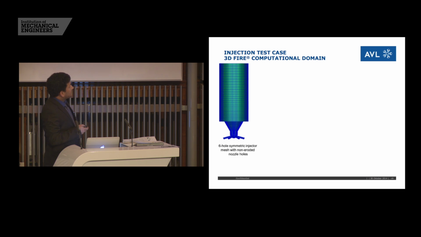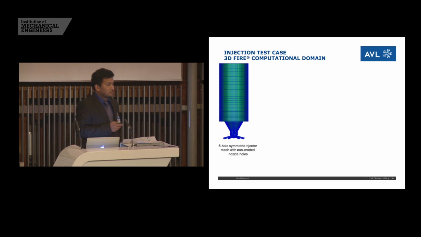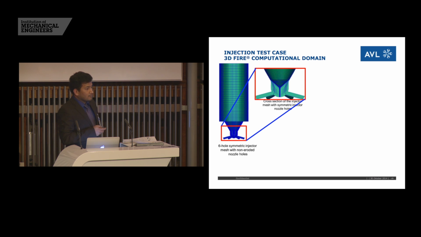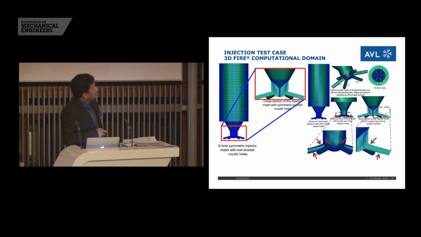For the injection test case, I considered a 6-hole nozzle with around 365,000 cells, and 2 cases: one with a symmetric nozzle case where you can see the nozzle holes are perfectly symmetric, and the other an asymmetric case where I induced the erosion fields in these regions.